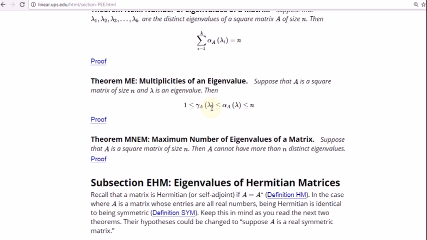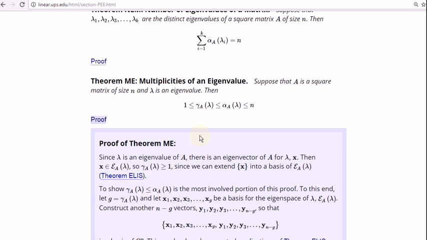Now, we've seen cases where an eigenvalue may have 2 or 3 linearly independent eigenvectors. So the maximum number of linearly independent eigenvectors is equal to the geometric multiplicity, which is denoted by gamma. And it turns out that this geometric multiplicity is always less than or equal to the algebraic multiplicity. Now if you look at the proof here, it's very long and involved.